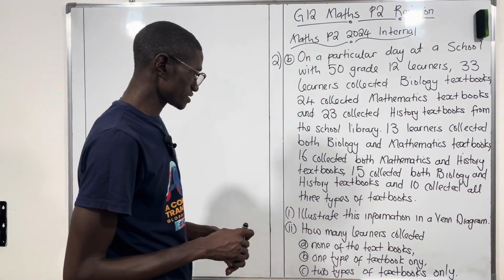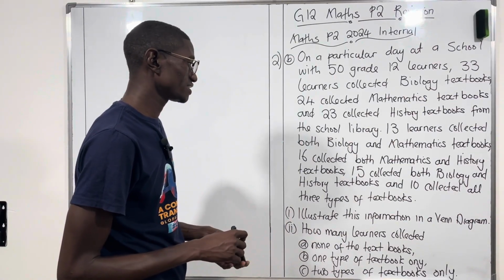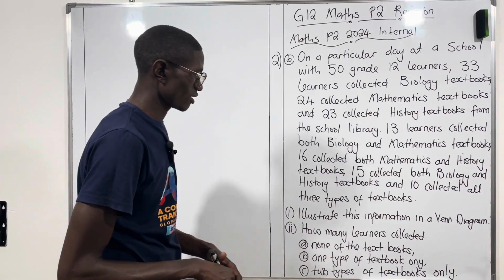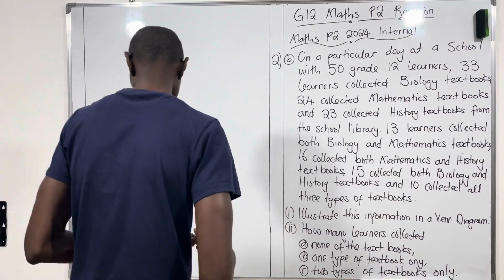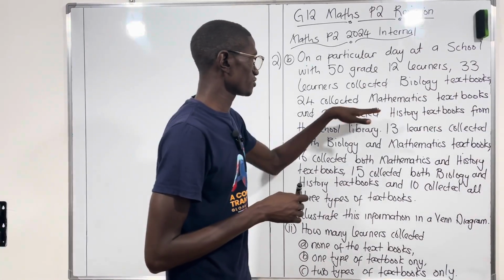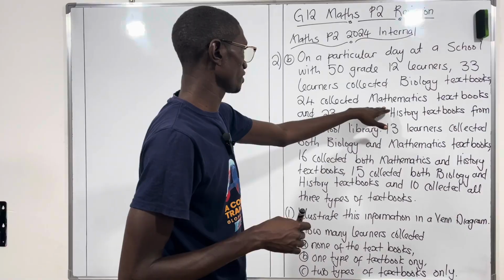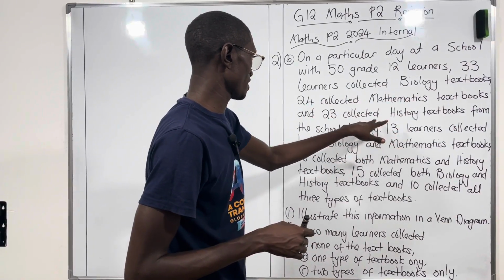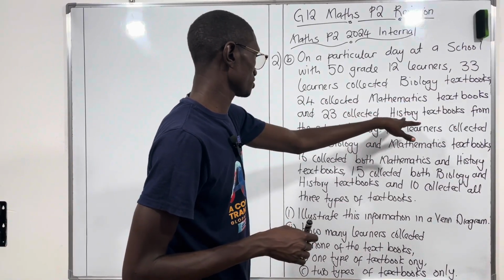The first question says, illustrate this information in a Venn diagram. Okay, and then we have follow-up questions. So for this one, we have how many sets? We have mathematics, biology, and history.